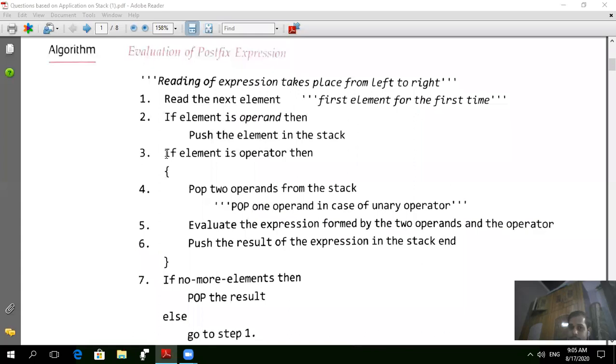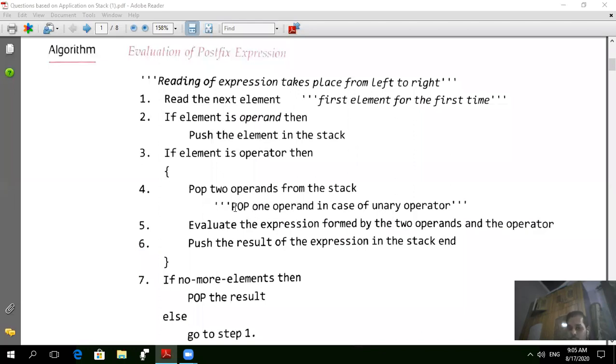Now the third step is, if the element is an operator, then this time you have to pop two operands from the stack when it is a binary operator. Or suppose that the operator is unary, then you have to pop only one operand.